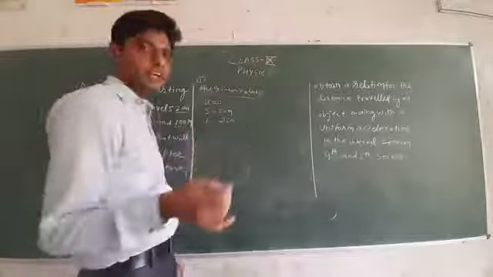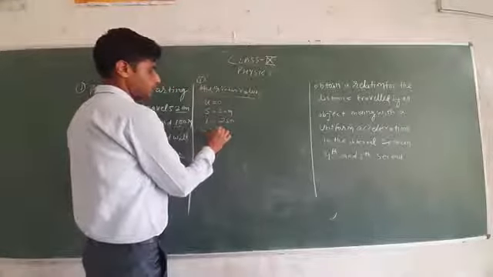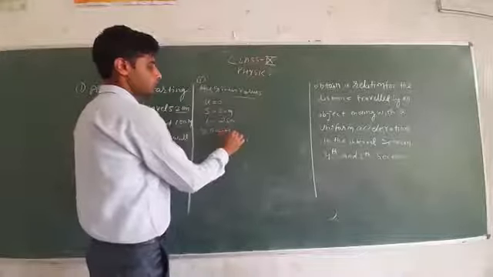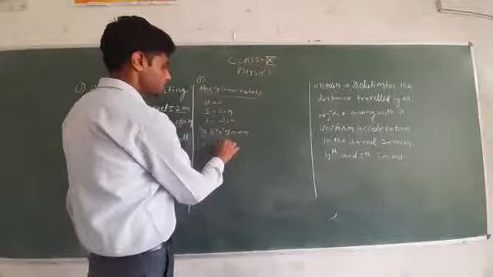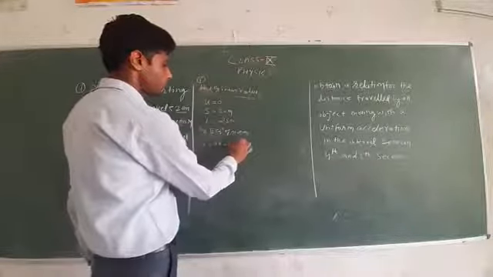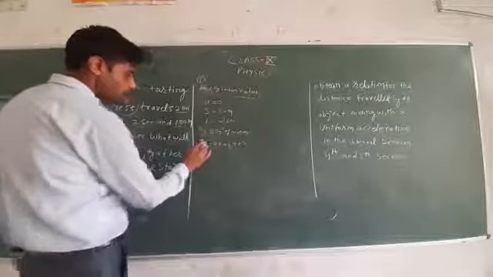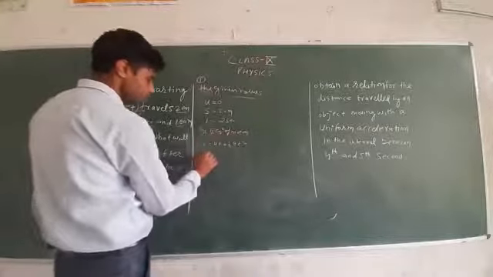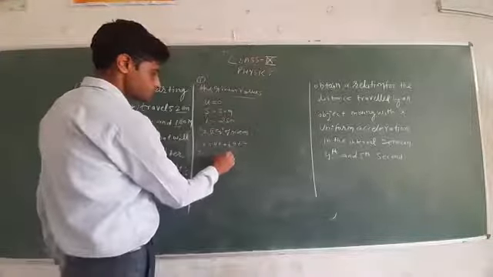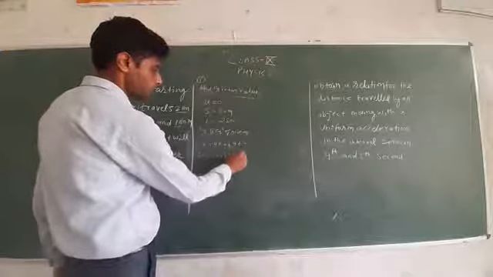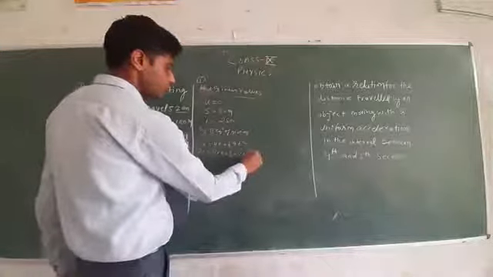As you know, by the second equation of motion, s equal to ut plus 1 upon 2 at square. By putting the values, s is 20 and u is 0, 1 upon 2 a, and t is 2 square.